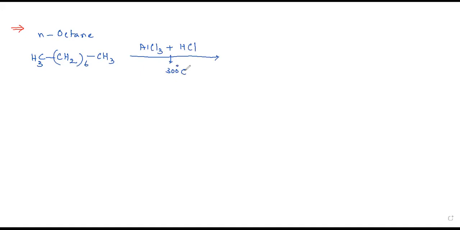Now with N-octane, we get isooctane. Look at this. So this is a special compound. Even with regard to its IUPAC name also, it is so special. Remember the IUPAC name of isooctane.